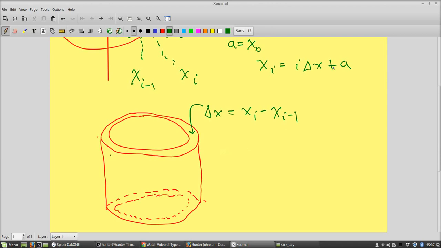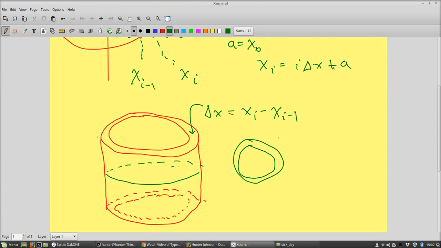But let's use the general cylinder formula here. What we need to know is the area of the base. So what does the base look like? The base looks like an annulus, and it has an outer circle and an inner circle. I'm sorry, those are terrible circles.